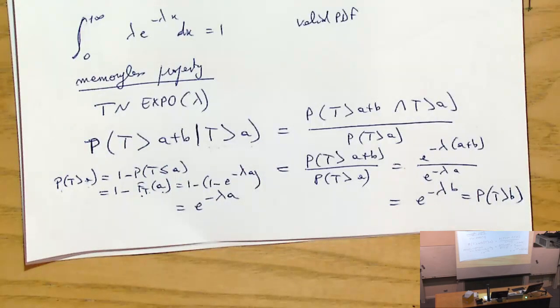So can this distribution be used to model the lifetime of the human population? No, it cannot, simply because if you are 80 years old and you're looking at the probability of living an additional 10 years, that probability will not be the same as if you are 10 years old and you're looking at the probability of living till you're 20, right?